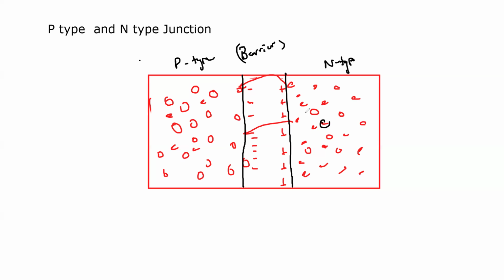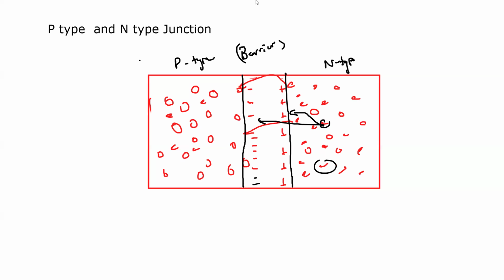Example, why can't this electron mix with a hole? Because a barrier is formed here, and this electron, wanting to move, is attracted towards the positive and repelled by the negative. So it is not able to jump the barrier. Once the barrier is formed between the p and the n type, the electrons are not able to cross the barrier, so the electron will stop.